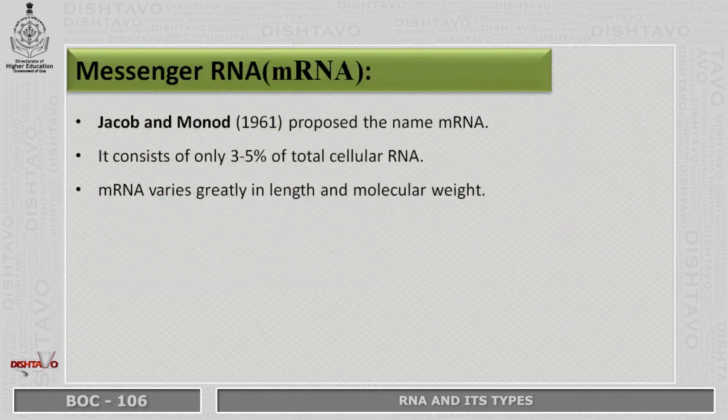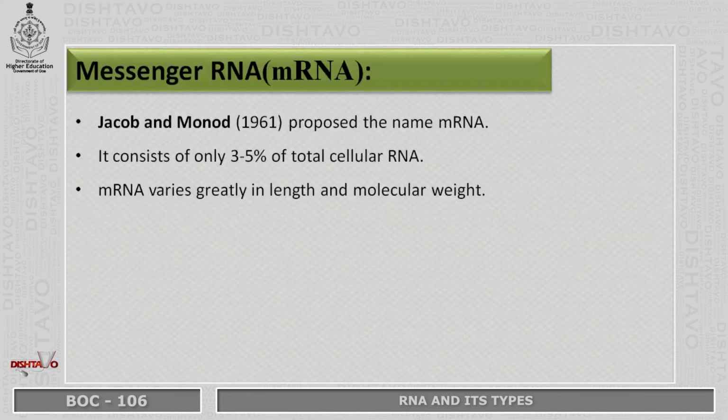Messenger RNA or mRNA. Jacob and Monod in 1961 proposed the name mRNA because of its potential to carry genetic information and its involvement in the process of translation, that is synthesis of proteins.